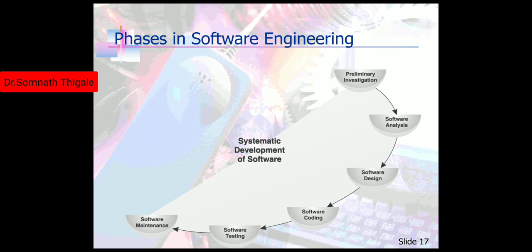In the second chapter we are going to focus mostly on this part, requirement analysis and requirement management. What you want as a customer and what the software engineer gets, we have to do in a proper systematic way. That is done as part of the requirement analysis process.